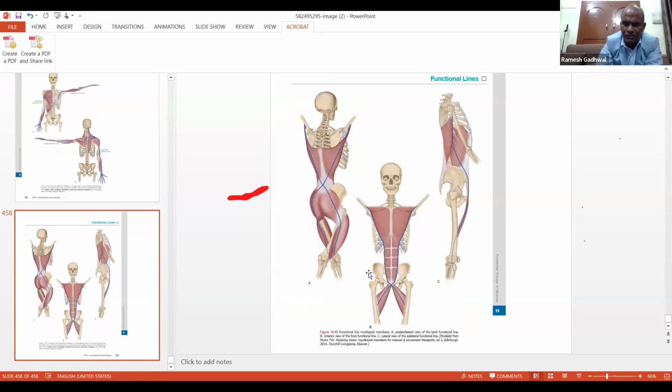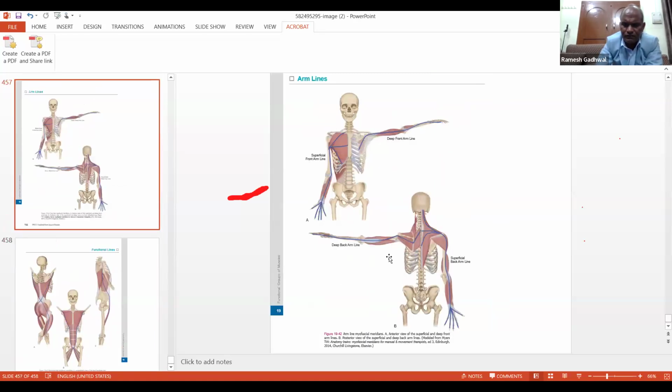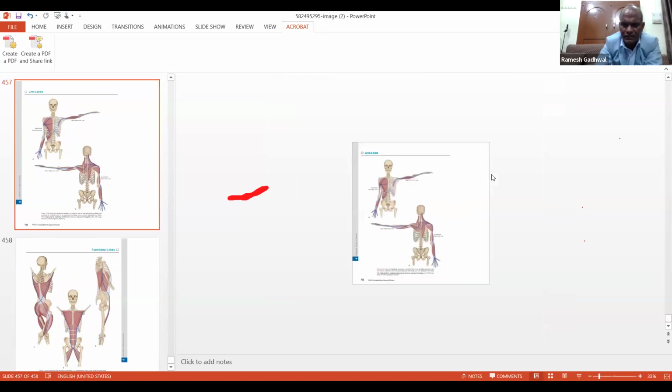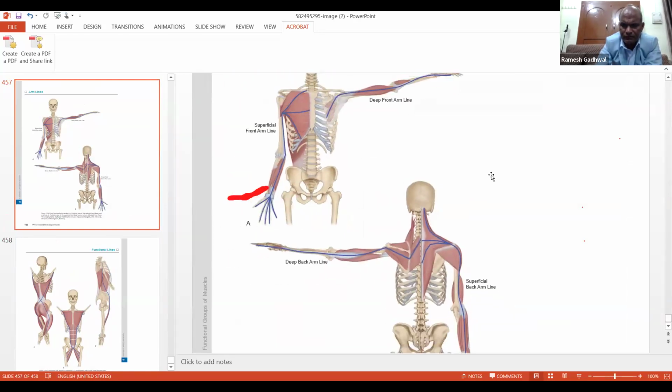So which system is showing you these meridians and collaterals? What do you understand with this?